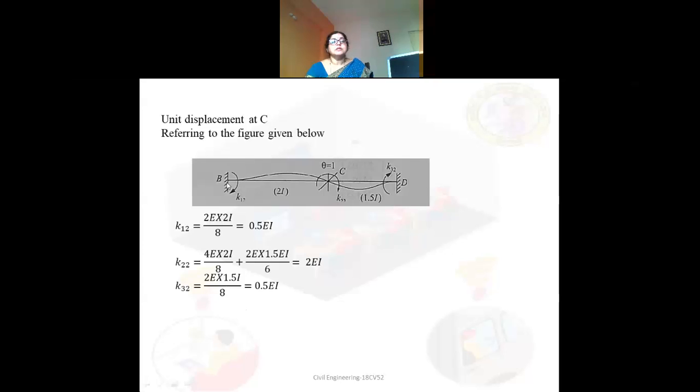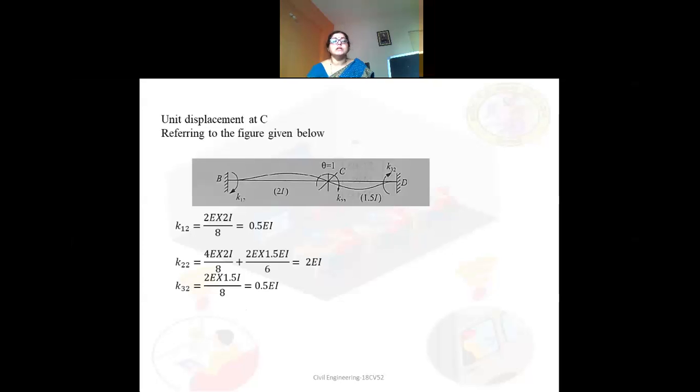So you are going to write 2EI by L into 2 theta B plus theta C minus 3 delta by L. Theta B and theta D are equal to 0. Only rotation is allowed at support C, right? So only theta C is left. So 2E into I value 2I divided by 8, you are going to get 0.5 EI.